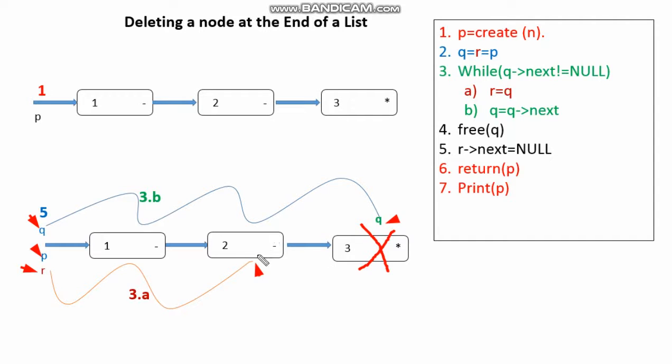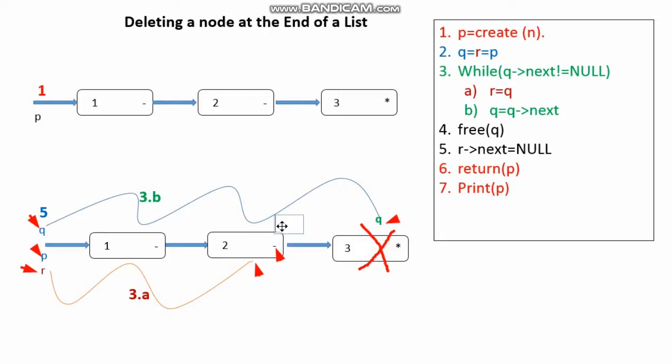So I'm going to do an operation R next equal to null, because this is going to be null now. This is my R. So R next is going to null, which means now this will point nowhere. So R next equal to null, and what you will get here is R will be on this node.